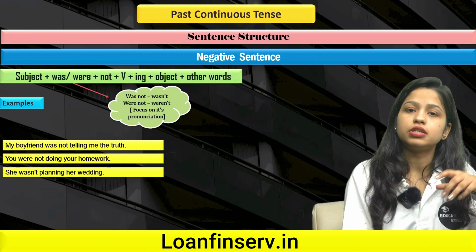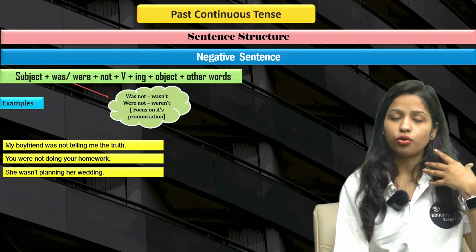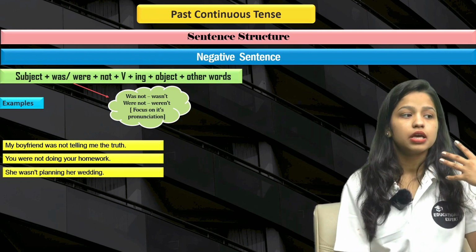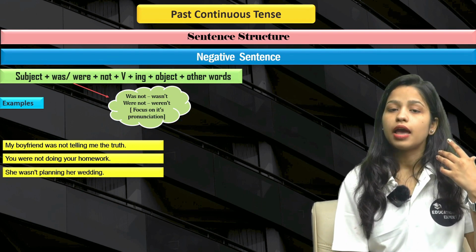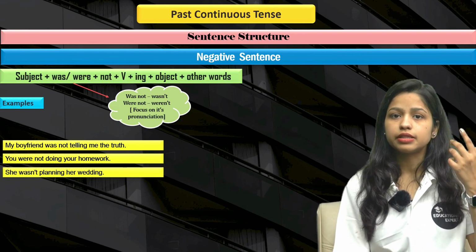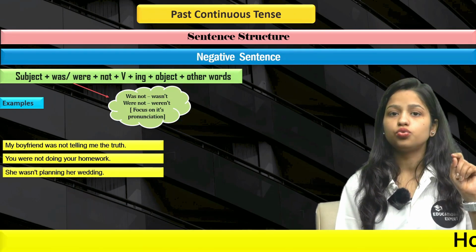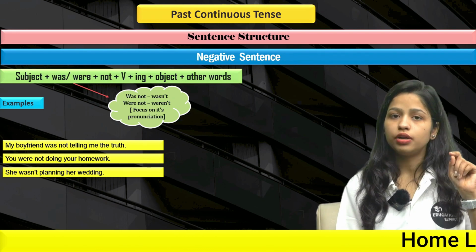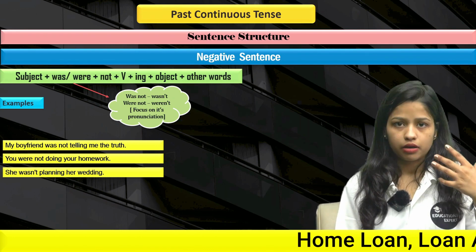Again, let me repeat myself. I've already repeated myself a lot of times that whenever we are going to use not with auxiliary verbs, do remember this thing: we can use contraction forms only while we are speaking or if you are writing in an informal manner.